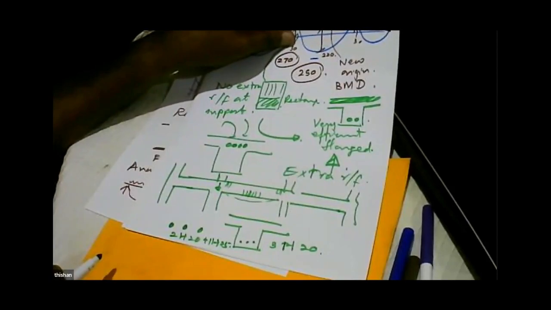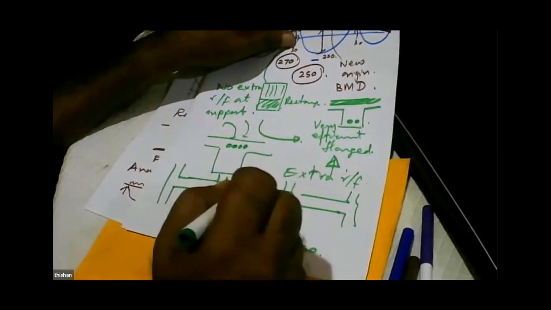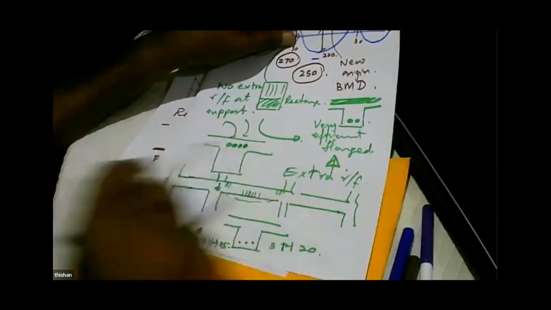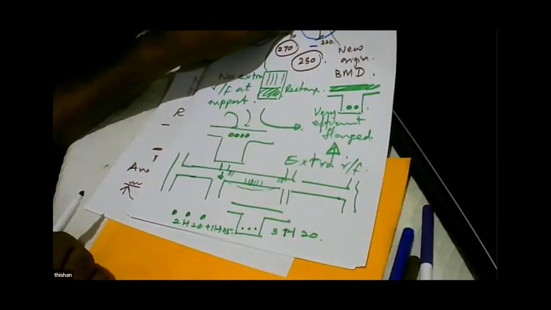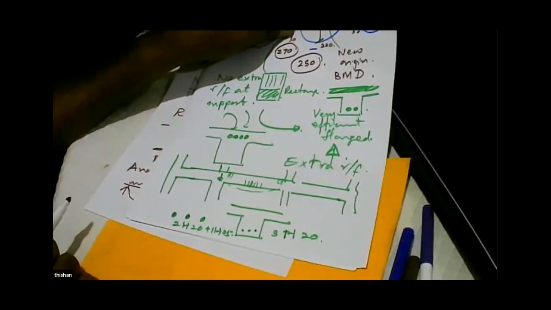Which section will have a problem? Yes. At the support, it will form a crack. No problem. That is accepted. What will finally fail? The span. What are you going to do? You have to put a little extra reinforcement in the span where it's going to fail. Will it ever fail, even if it is overloaded?